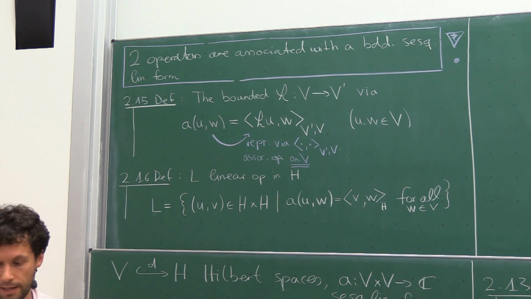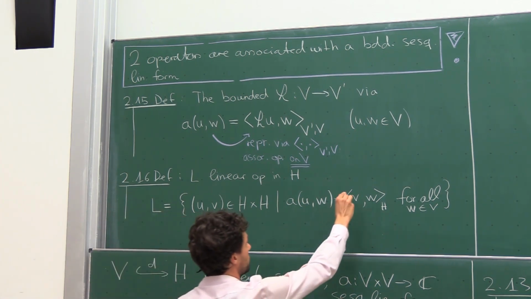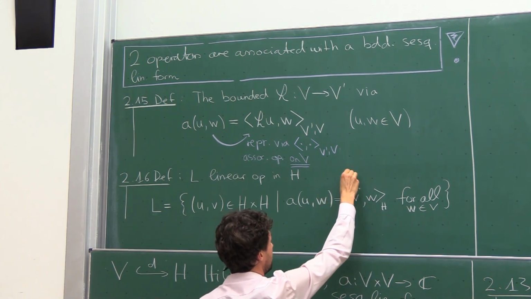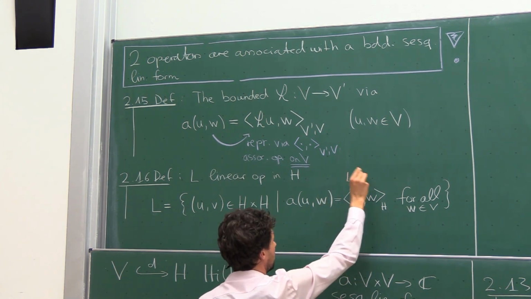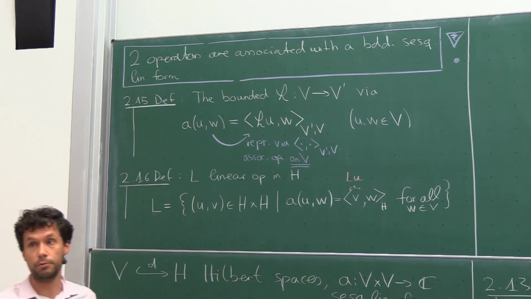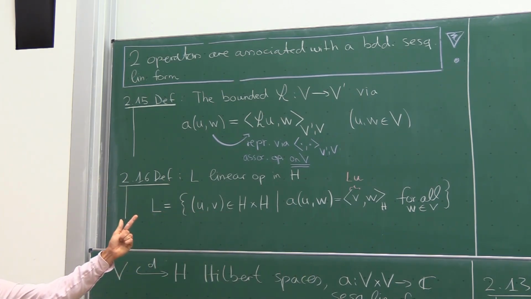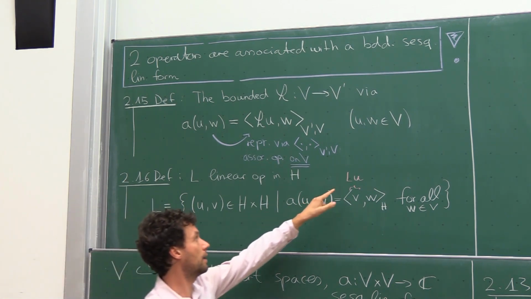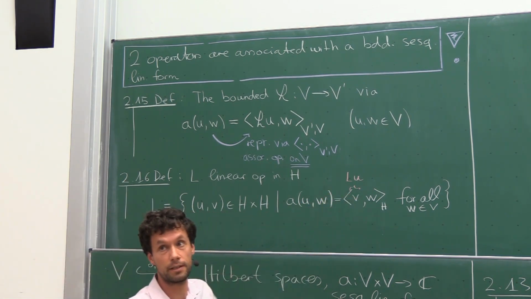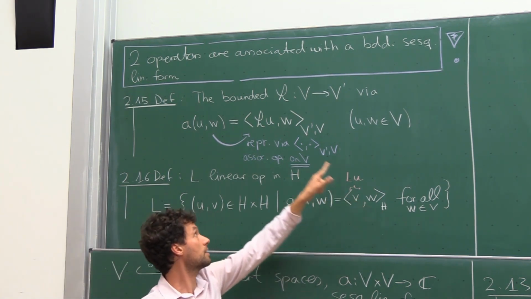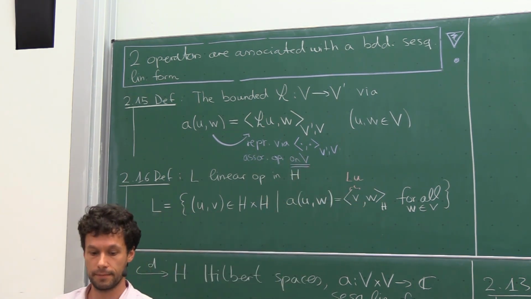Okay? And if you believe me for a second, because I'm going to prove that in a minute anyway, that this is indeed a linear operator, then this will be L of U. And then you see that it's exactly the same structure, except that the non-script L operator represents the sesquilinear form using the H inner product instead of the V prime V duality.